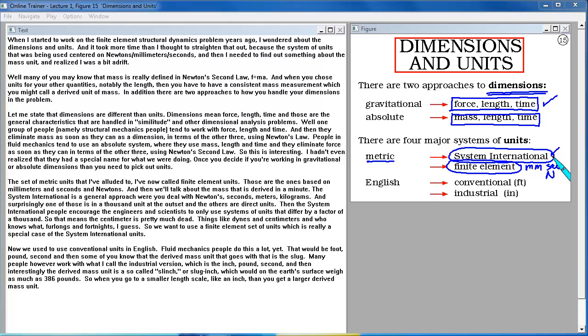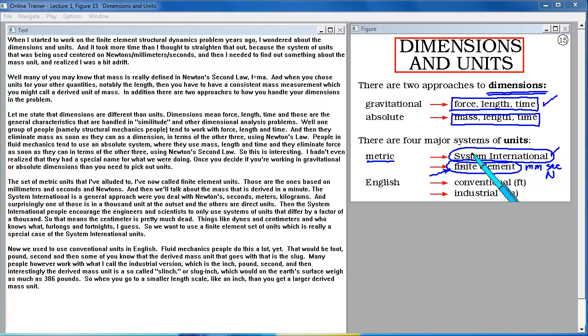So that means the centimeter is pretty much dead. Things like dynes and centimeters and who knows what, furlongs and fortnights, I guess. We want to use a finite element set of units, which is really a special case of the System International units.